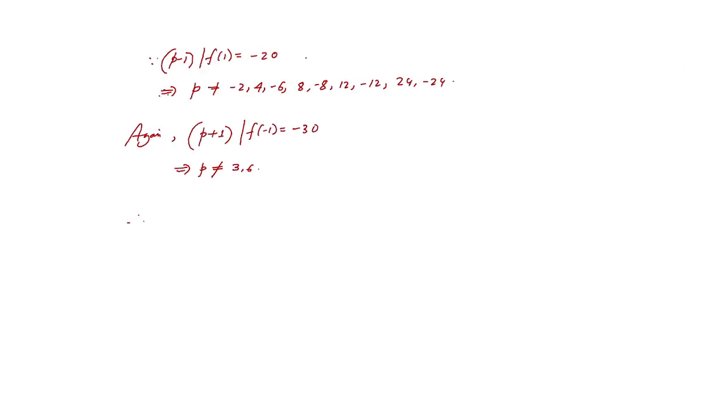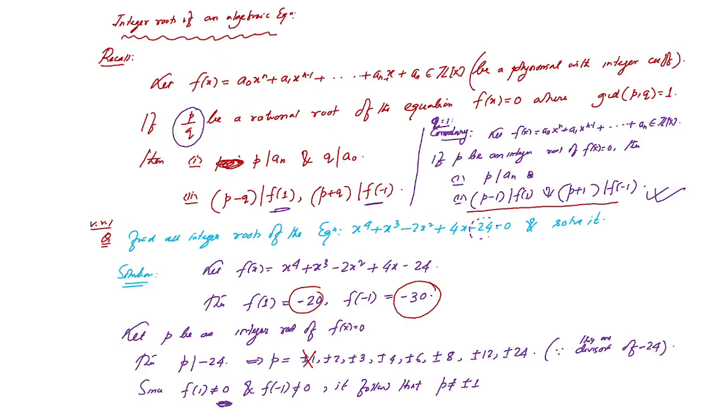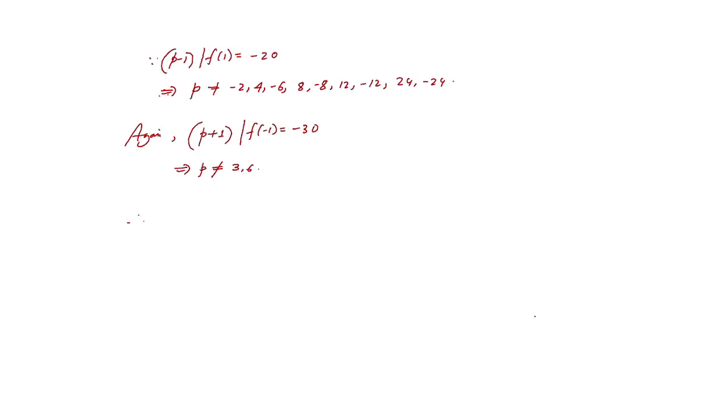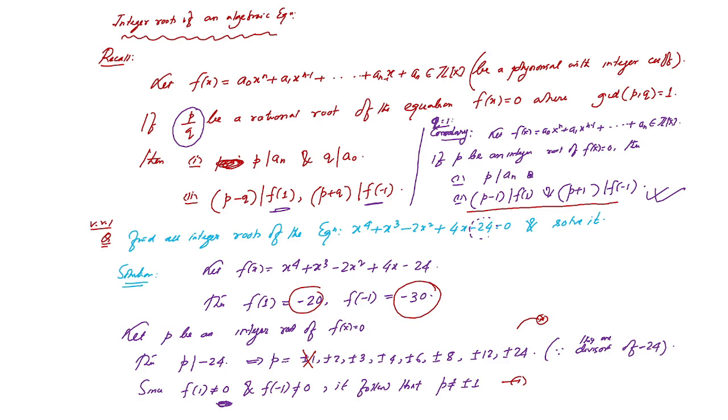So from this result we consider 1, this is star, 2 and 3. We say what are the possible values of p. So the only possible values of p are these.